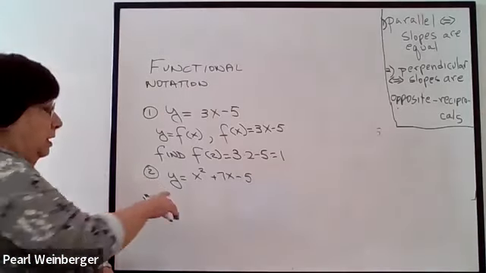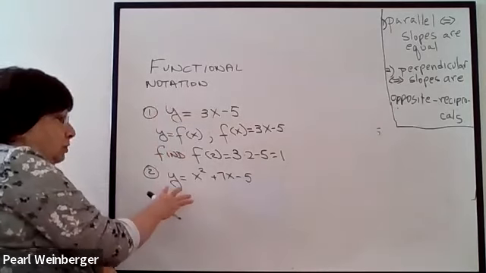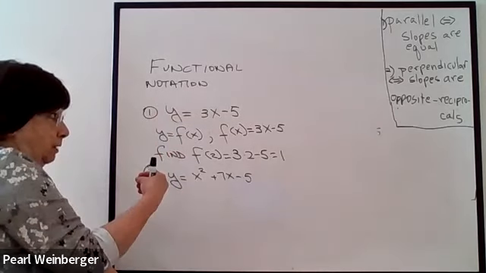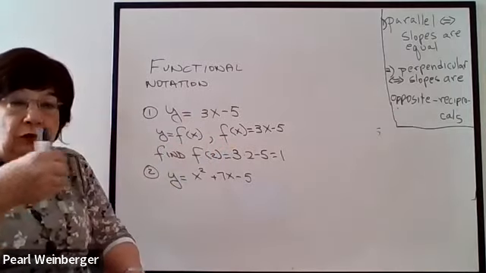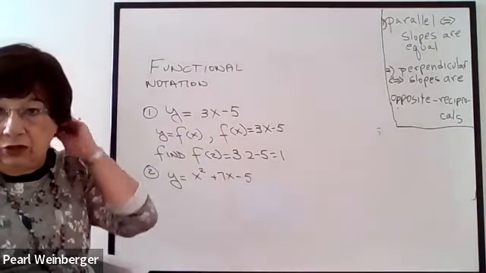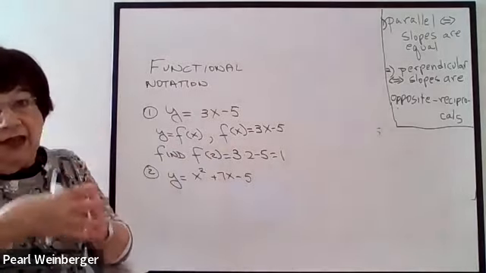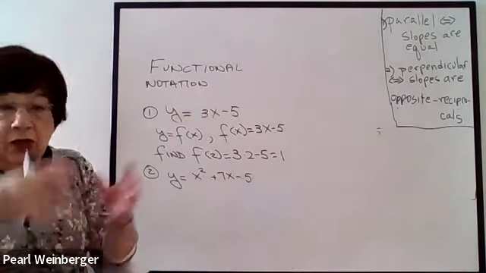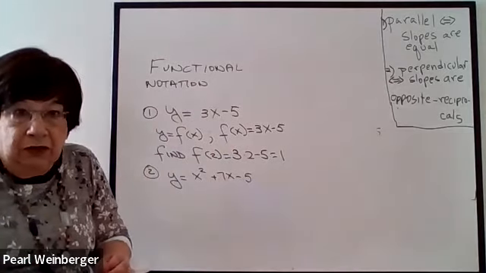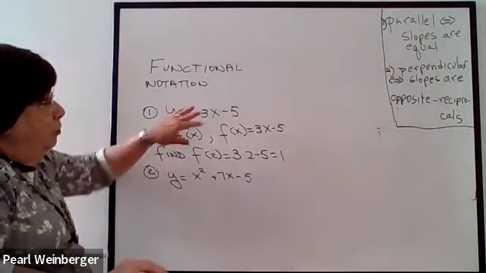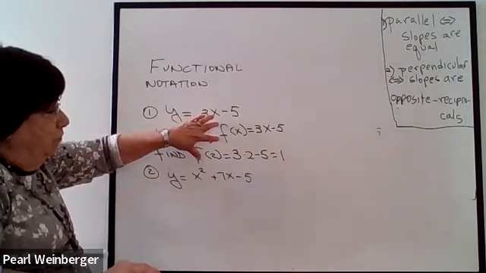If you have two equations in the same problem, you could do something better also. The letters that we use for this functional notation are usually letters like F and G and H, those early middle letters of the alphabet. So I've already used F for one function.